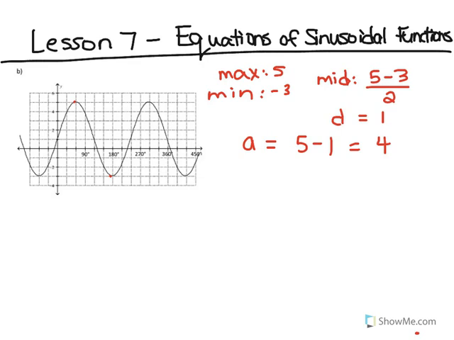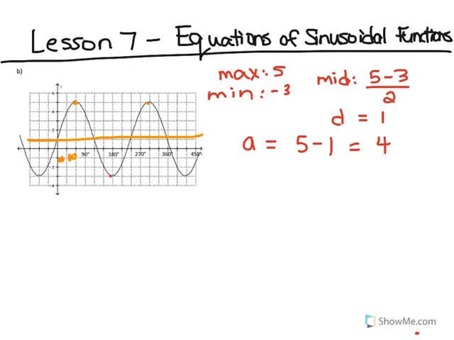We want to find our period. So these are going up by 30, so this is 30, 60, 90. Our first maximum is at 60 degrees. Our next maximum is at 240 degrees. There's our midline. So we can take 240.